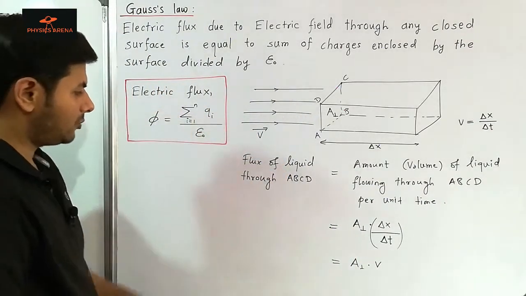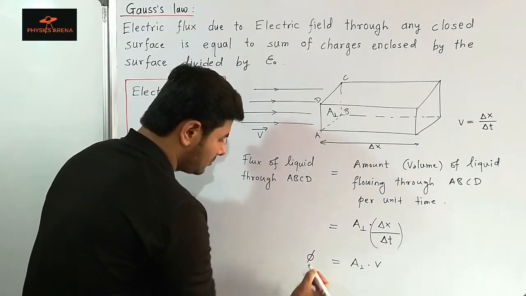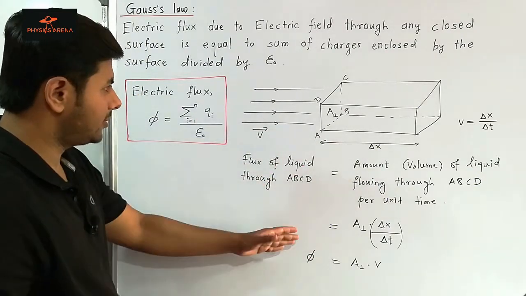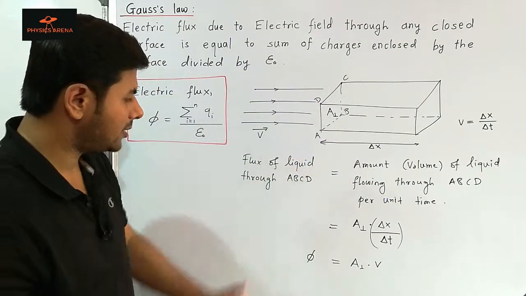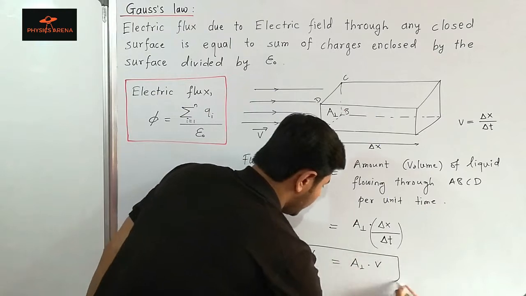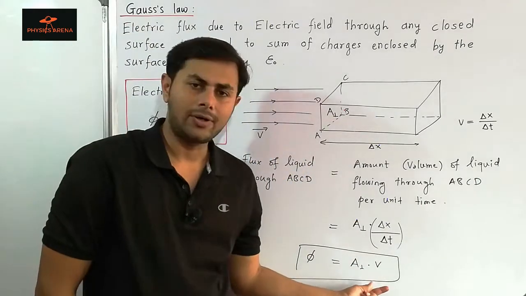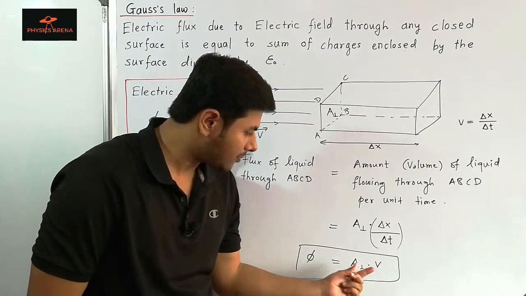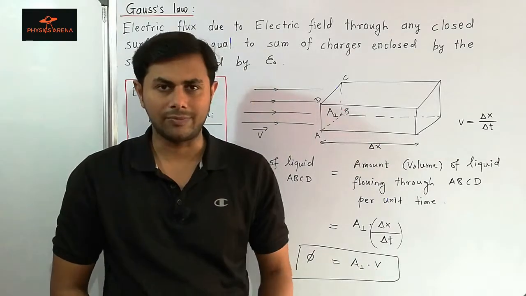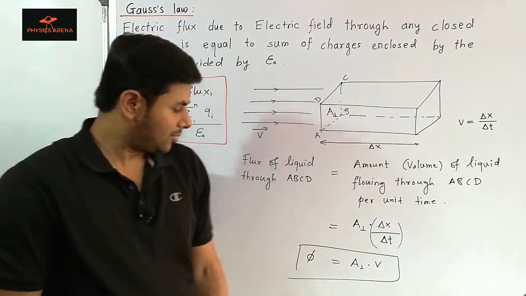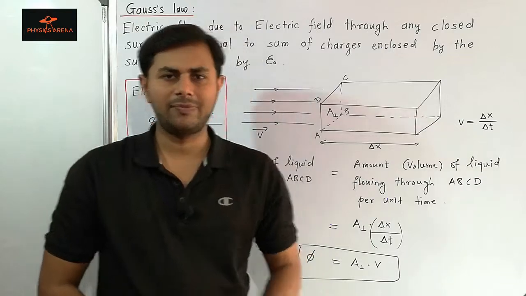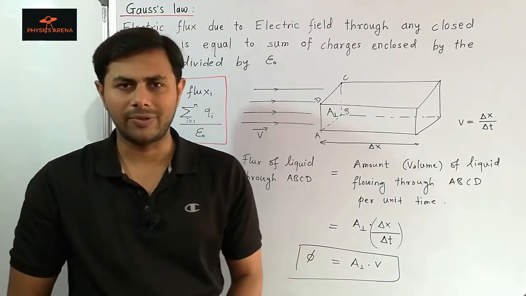So flux we denote by phi. So flux of this fluid through this perpendicular surface is equal to the area of that perpendicular surface multiplied by V. So this is for the specific case of the perpendicular surface.